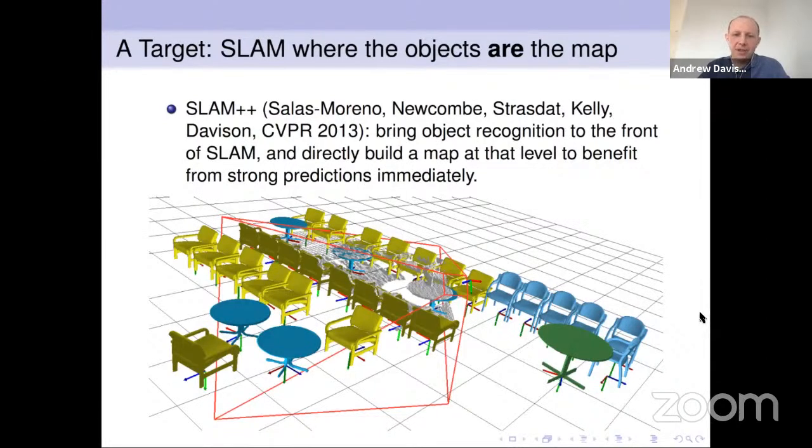A long-term target that we're interested in is much more composable or modular representations of scenes, and in particular representations where the objects really become the key elements of a scene.